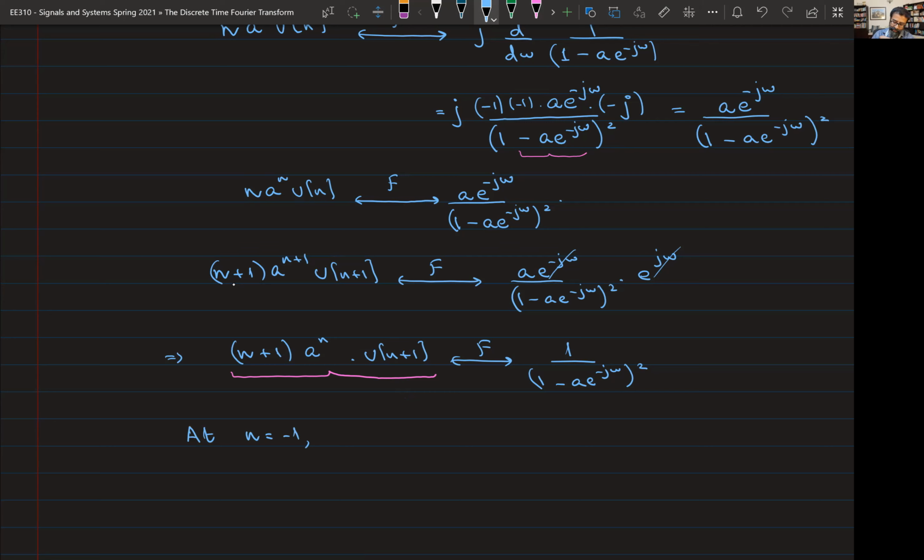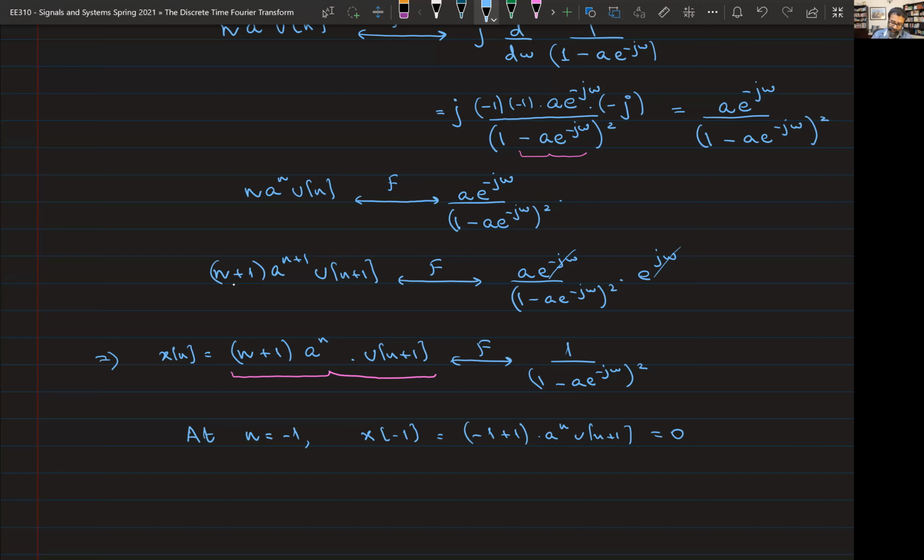Let me call this x of n. X of -1 is just equal to -1 plus 1 times a raised to power n times u of n plus 1, which is 0. So the first value at -1 is still 0.